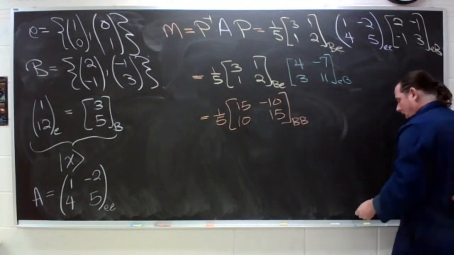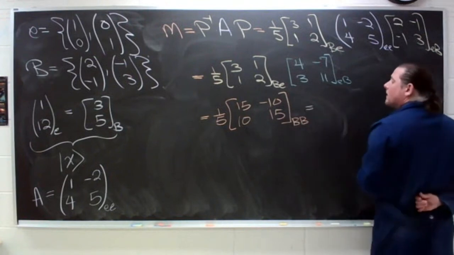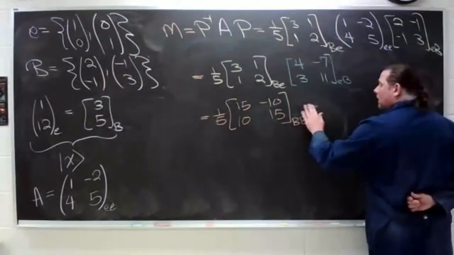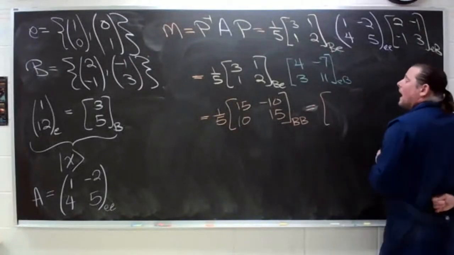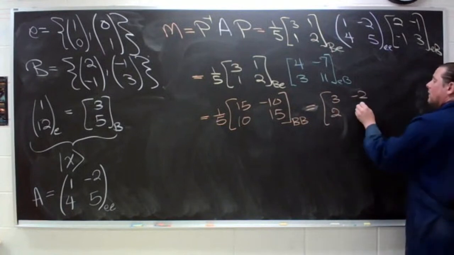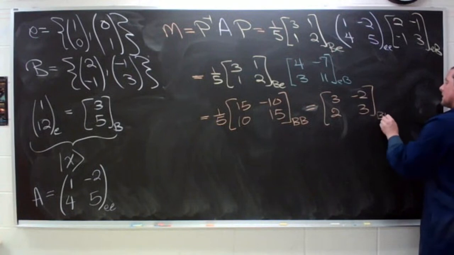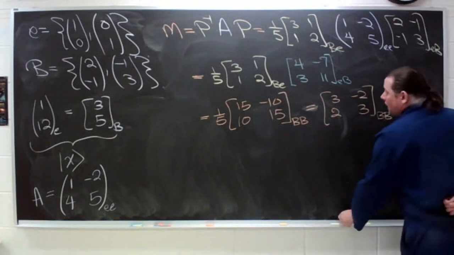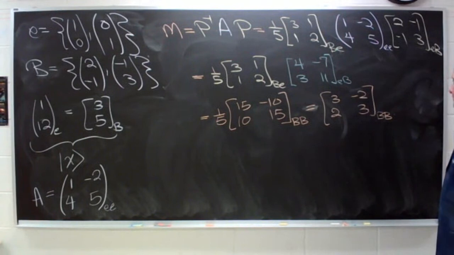All right? And so what does that equal? We can cancel out a 5, and I'll get 3, -2, 2, 3. And this is B, B. All right?